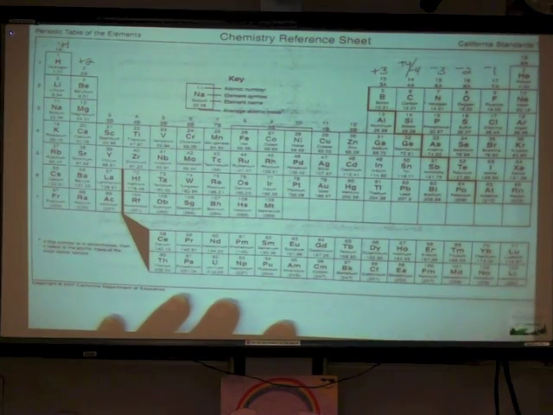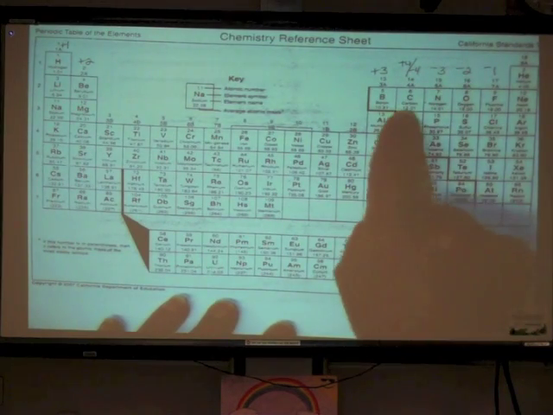What is the mass of 1 mole of carbon? 12.01. Okay, because remember, in this instance, you guys were taking into account all the isotopes of carbon.